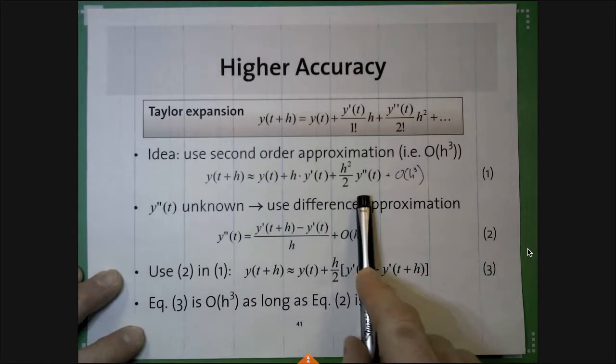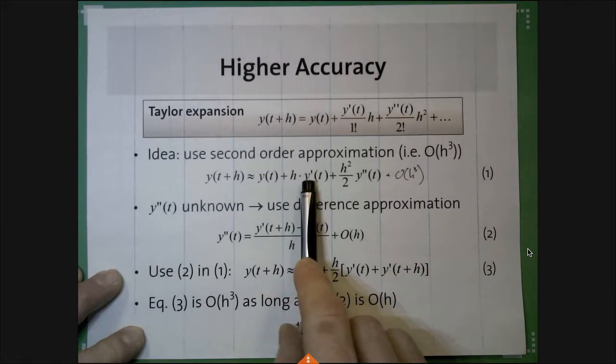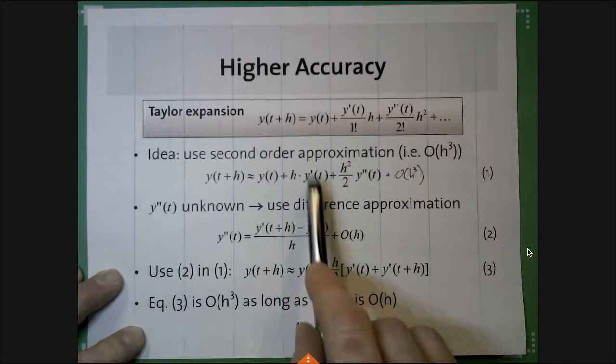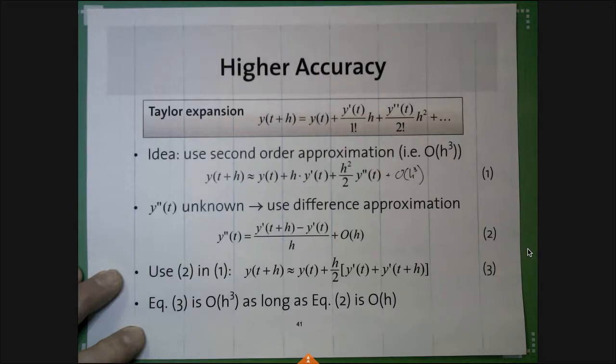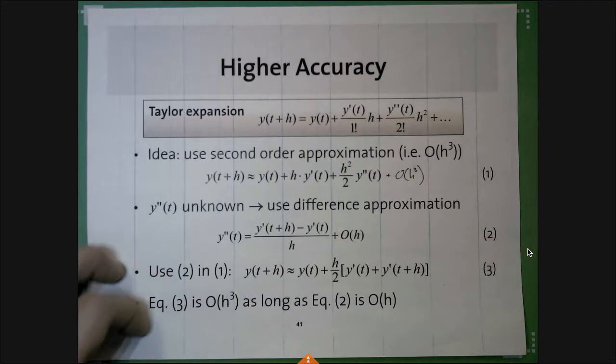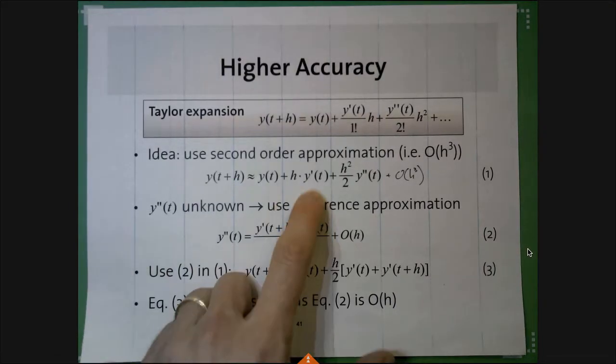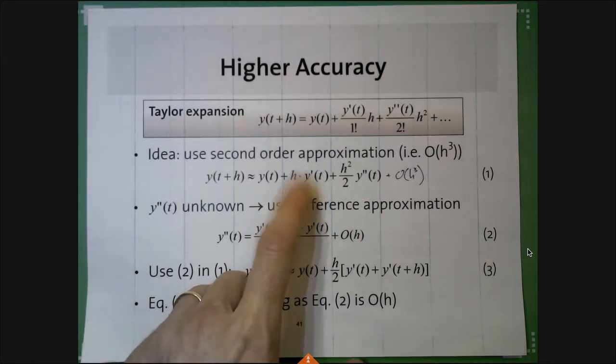Now, we have a little bit of a problem here because we only know the y prime, right? Why do we know y prime? Because that's the problem, the ODE, that's the instance of the problem, right? In our case, what is the y prime? There is velocity, and another component there is, if you remember from the last lecture, there's the force, right?